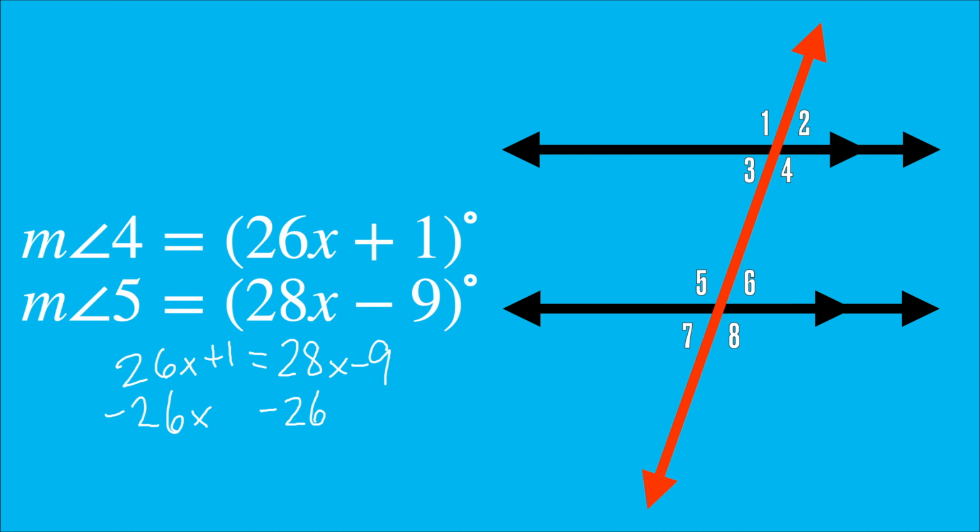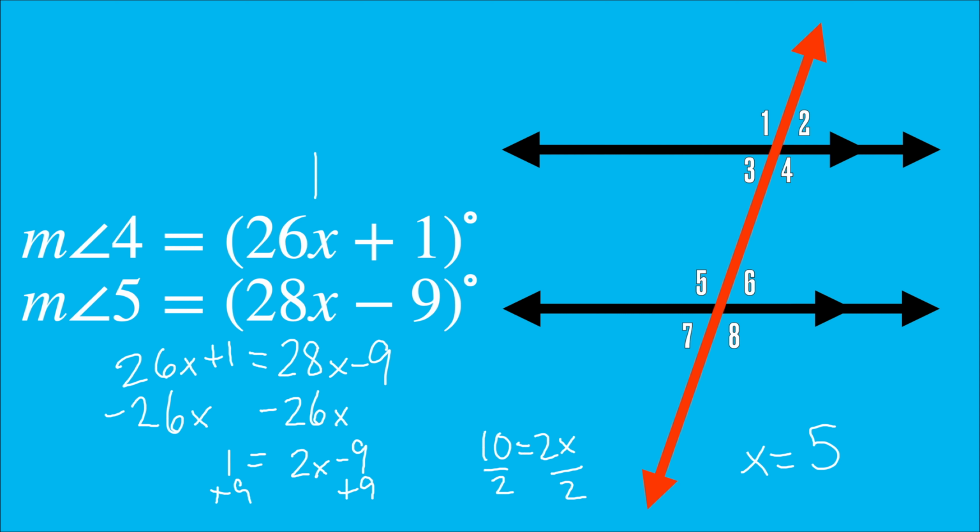So I get 1 is equal to 2x minus 9, add 9, 10 equals 2x, divide by 2, x equals 5. Then I'd plug it in. 26 times 5 is 130, plus 1 is 131. 28 times 5 is 140, minus 9 is also 131 degrees.